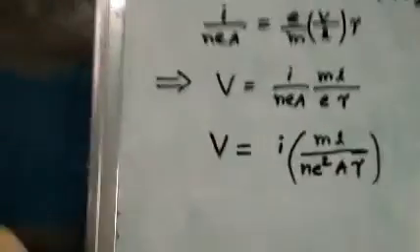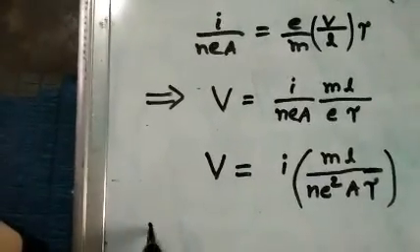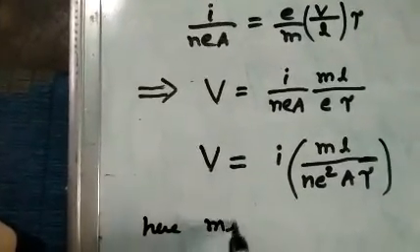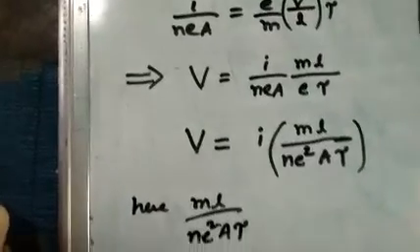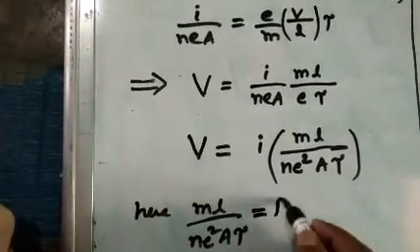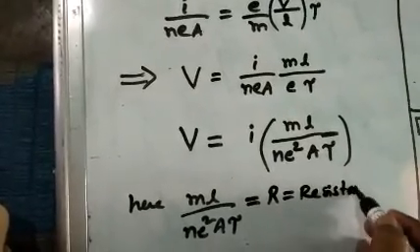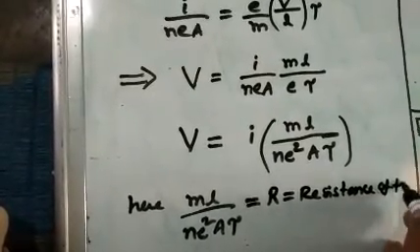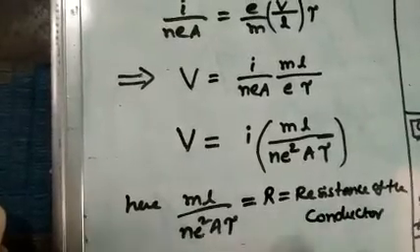If you see, this bracket, mL by ne squared A tau, is known as the resistance of the conductor. This bracket value is nothing but resistance.